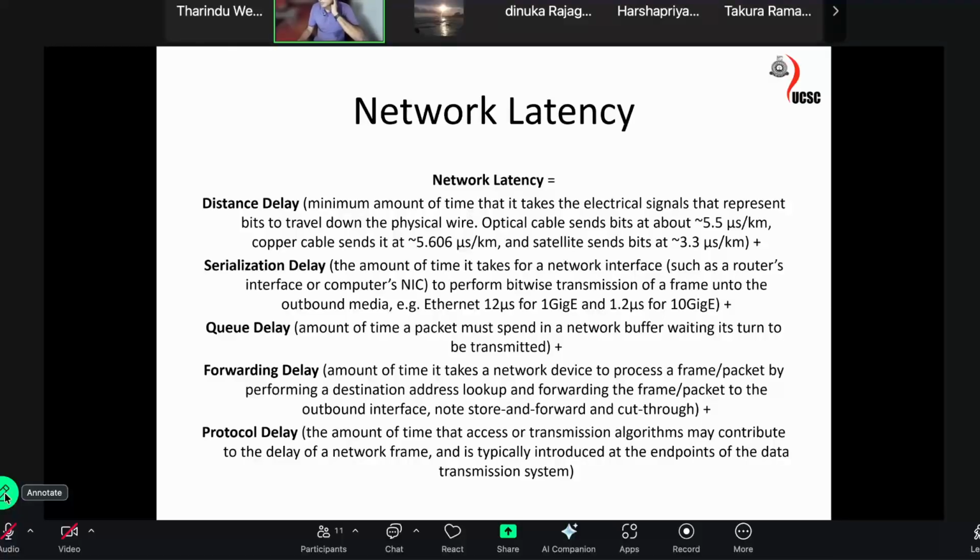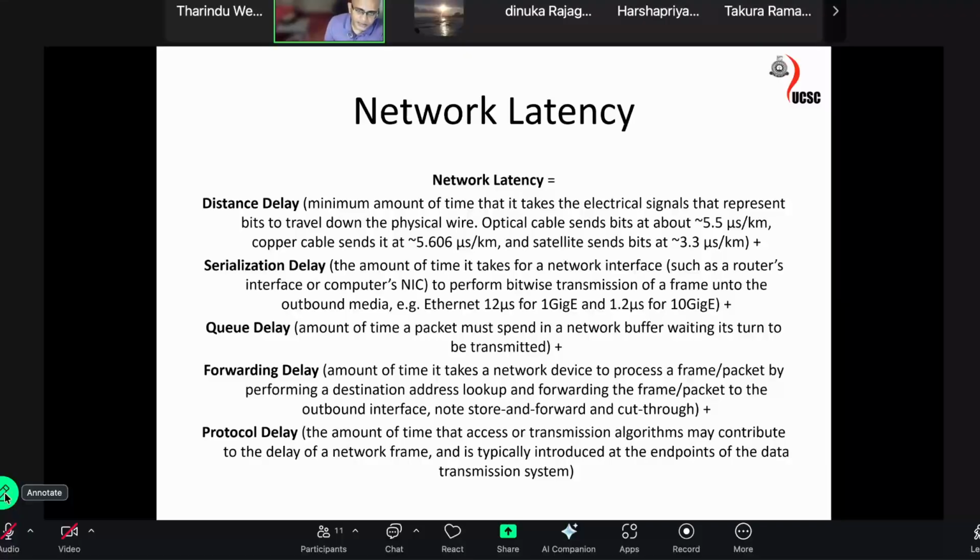You can get 1.2 microseconds. From 12 to 1.2 is more than a 10 microsecond reduction. It's a huge reduction. So that's the reason some of the low latency data center providers are using higher bandwidth pipes. It's not because they are using the entire bandwidth of the pipe, but for the purpose of reducing the serialization delay.